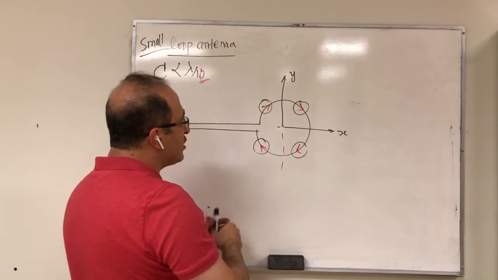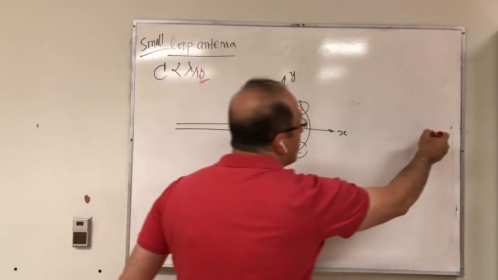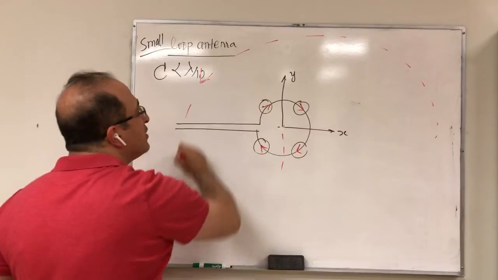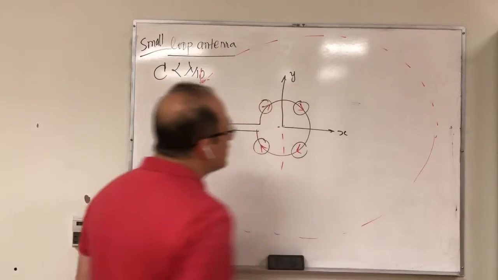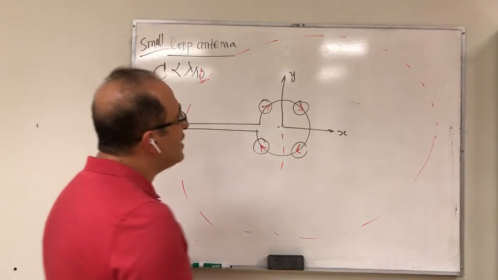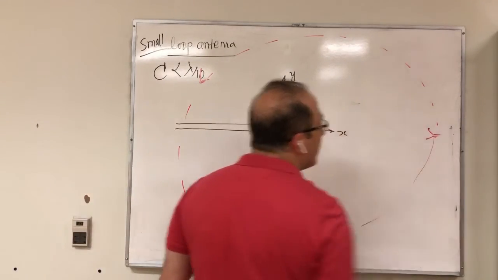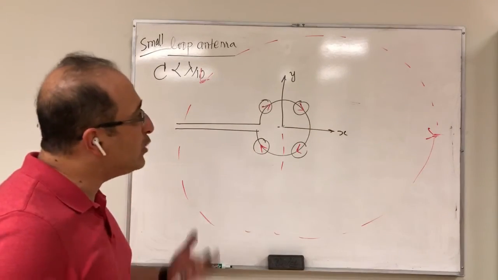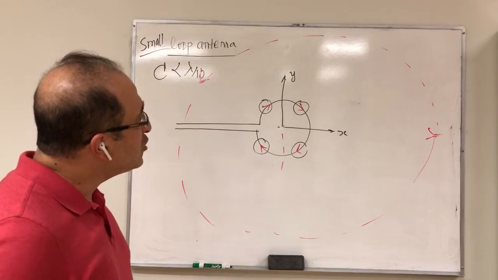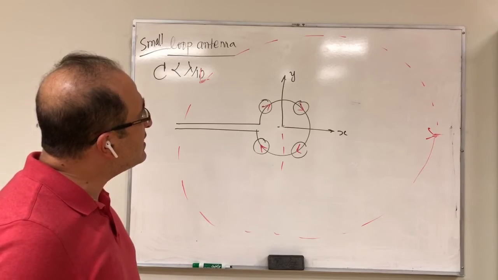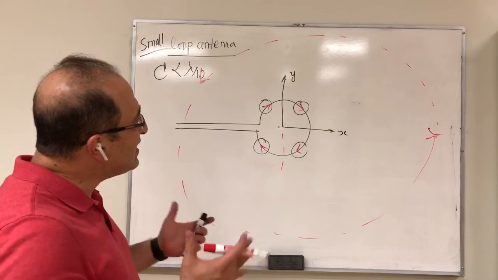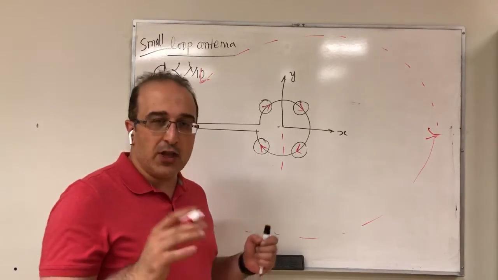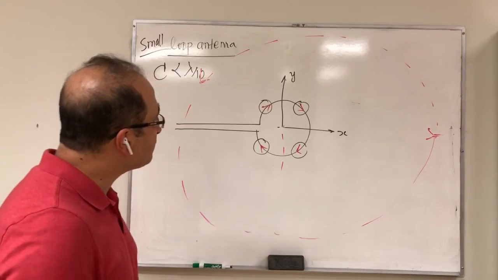So essentially, assume that you are in the far field and you go around the loop and you want to observe what you see. So let's say you are here and you are looking at the loop antenna. What do you see? This is not an exact thing, I'm just talking intuitively here.